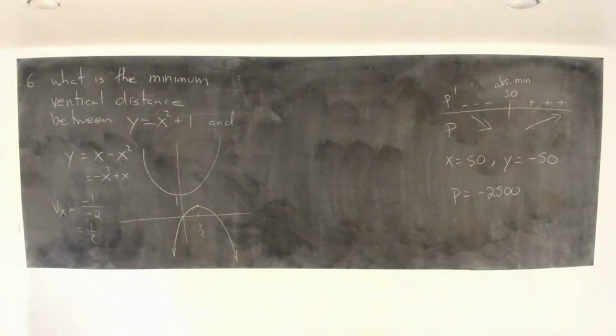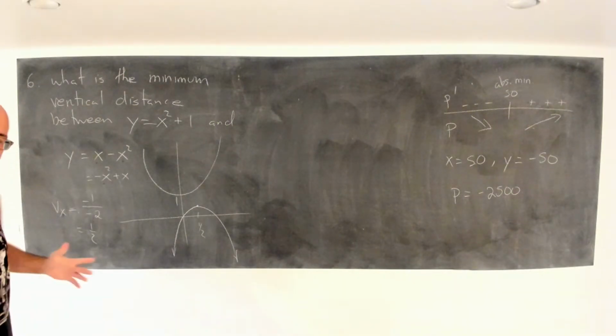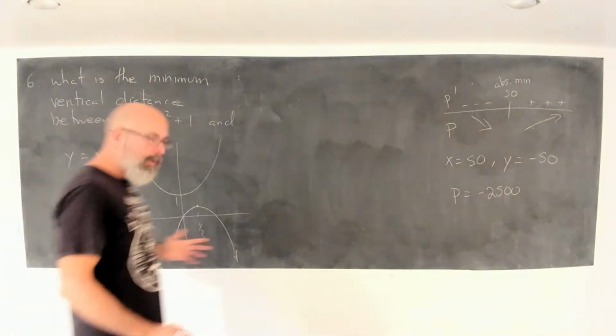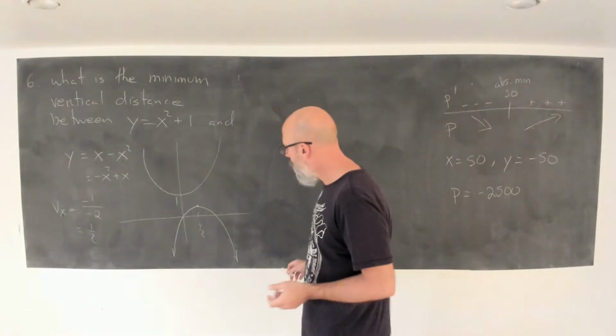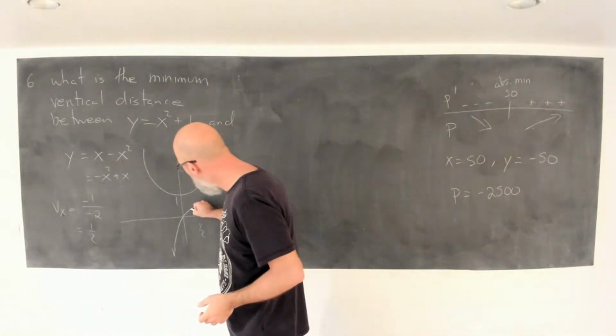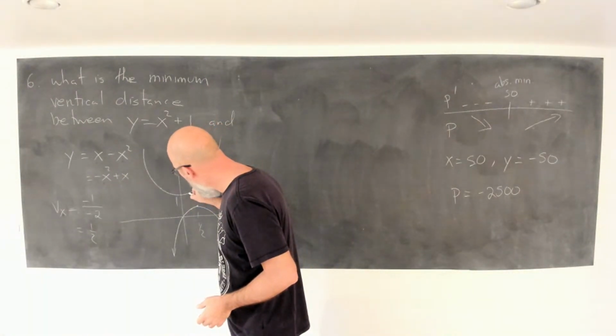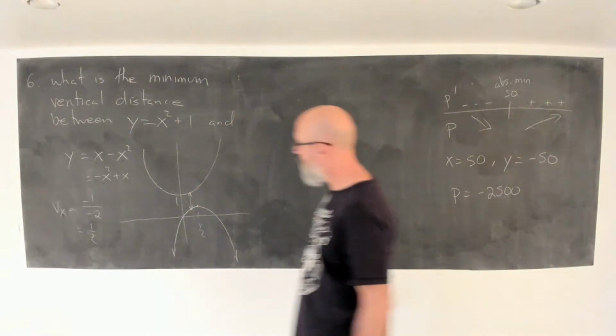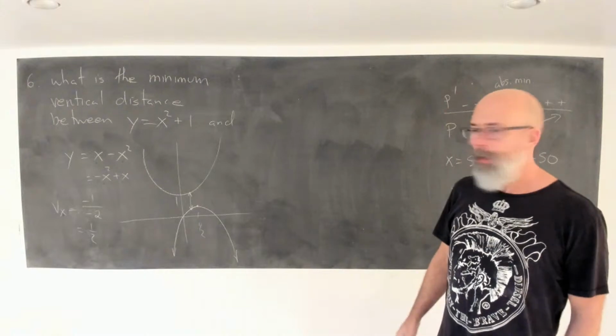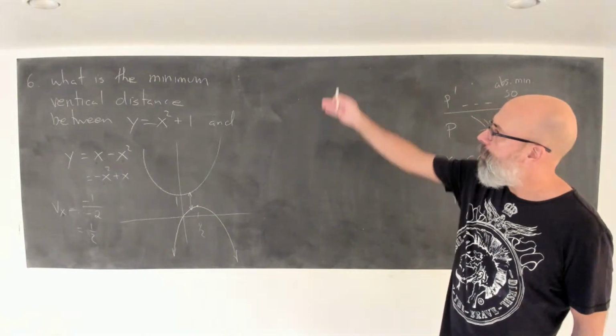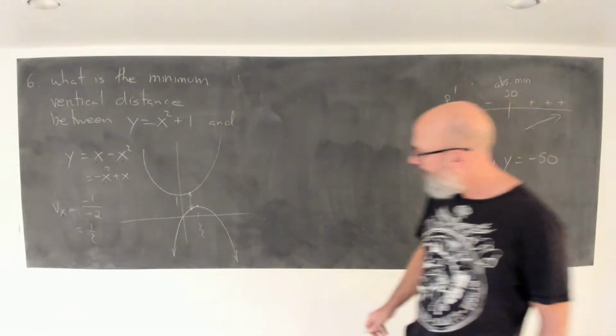There it is. So you understand what the question is asking, right? The question is asking, if you fix any value of x, you can calculate this distance right here. The distance between the two parabolas, the vertical distance.